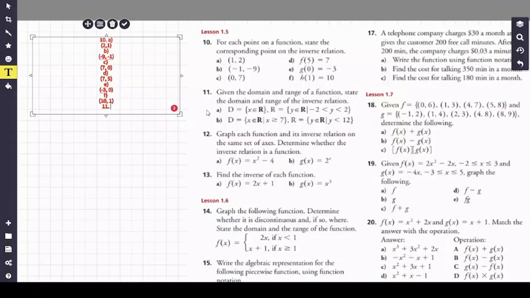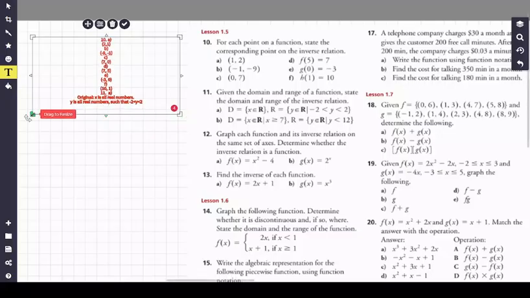Given the domain and range of a function, state the domain and range of the inverse function. What we knew about the domain and inverse is that it will switch around. Because we switched our x and y variables, our domain and range interchange as well. So for A, the original is x is all real numbers, y is all real numbers such that -2 is less than y less than 2.